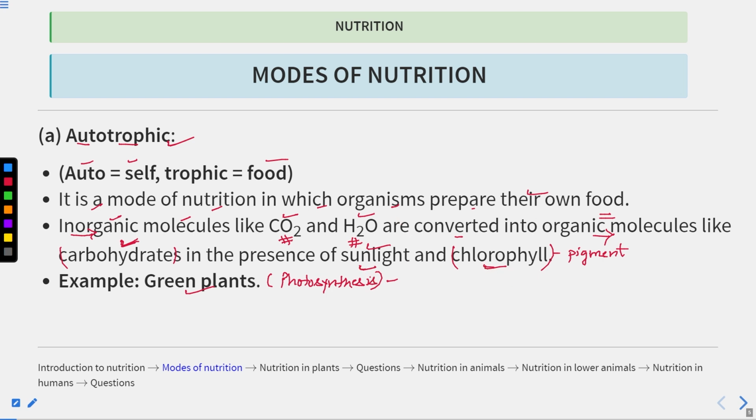Some other examples of autotrophic organisms can be photosynthetic bacteria, or cyanobacteria, which can also carry out photosynthesis. Cyanobacteria is also known as blue-green algae.